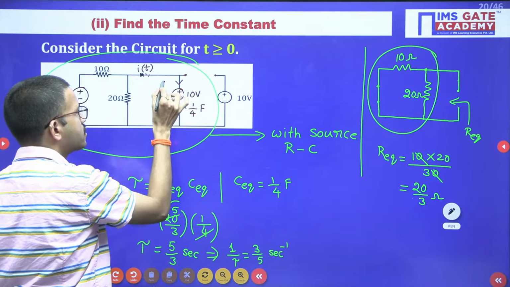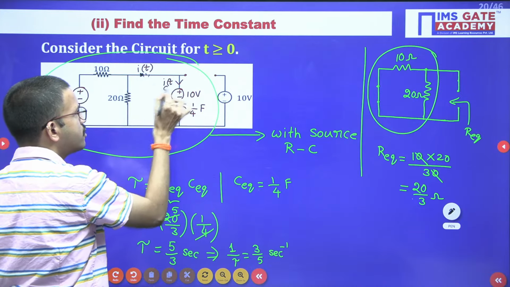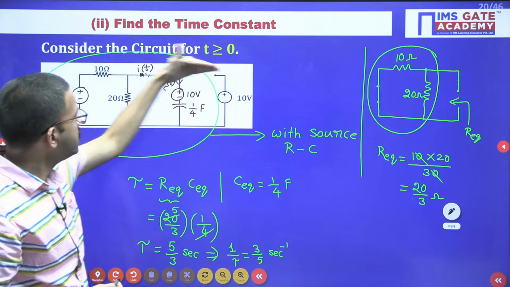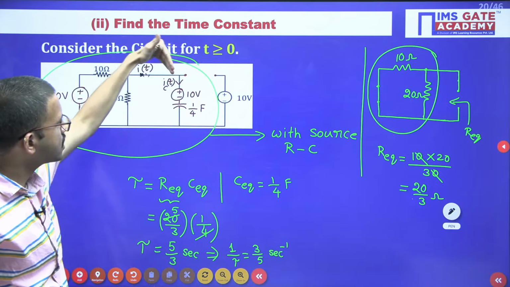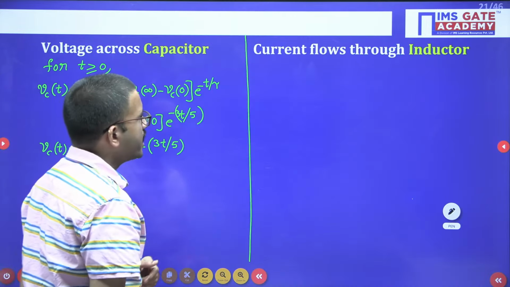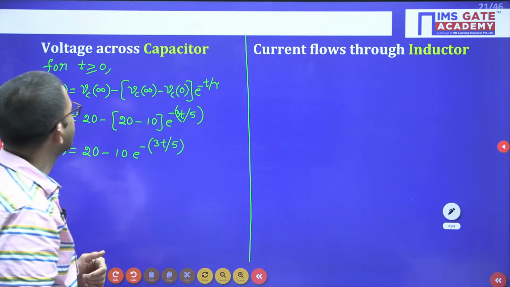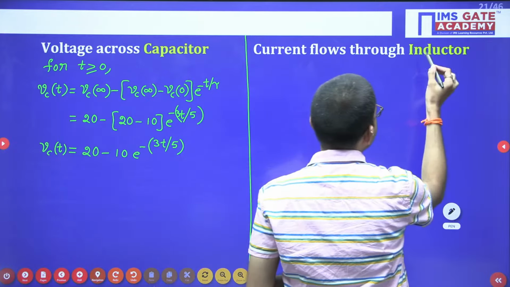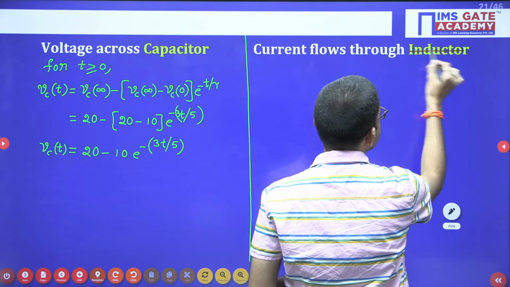That we represent as IC of t. So we can write I of t equal to IC of t. Sorry, here it is not an inductor, sorry.